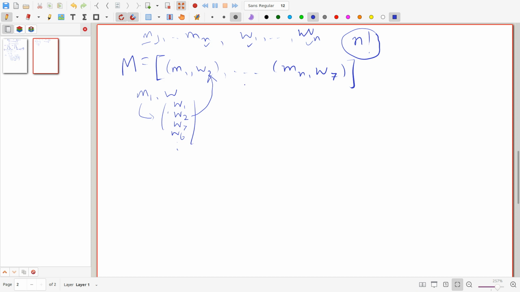Let's see where woman 1 lies in our matching. Maybe we find that we have matched the sixth man to woman 1. But let's say woman 1 is actually not happy with the sixth man. We find that in her list, she has listed man 1 above man 6.